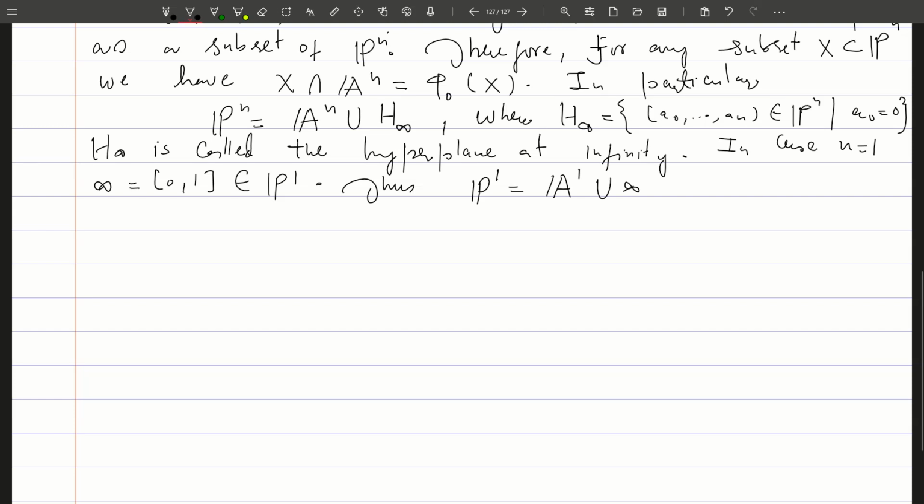Now we want to define projective algebraic sets in Pn as zero sets of polynomials in the polynomial ring in n plus 1 variables. There is, however, a problem.